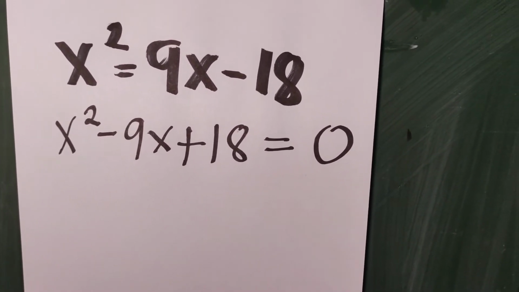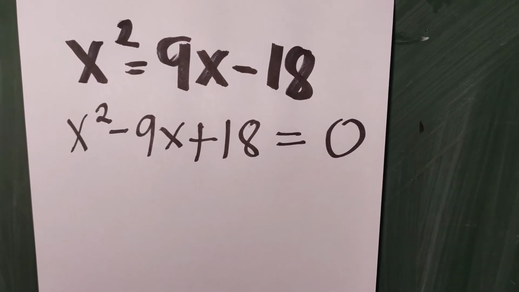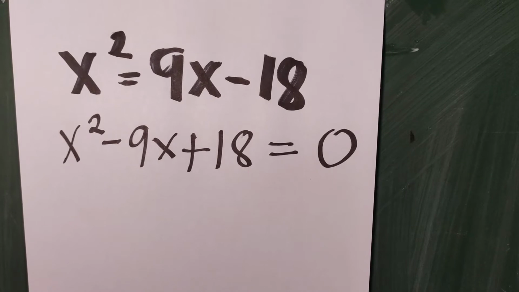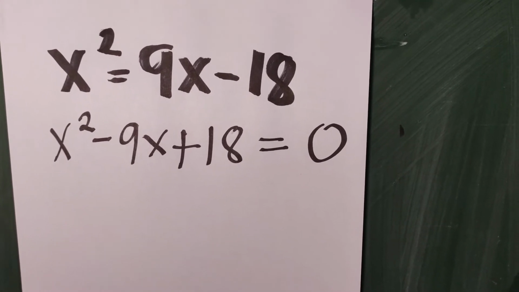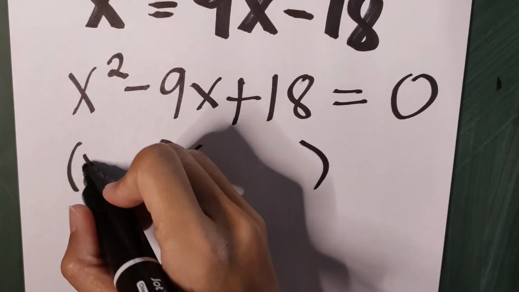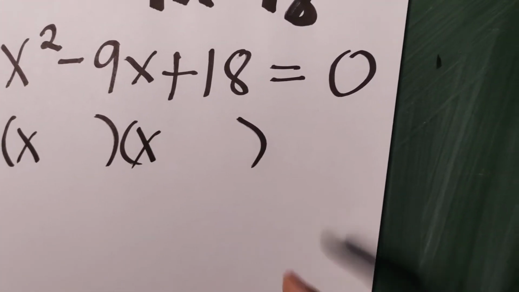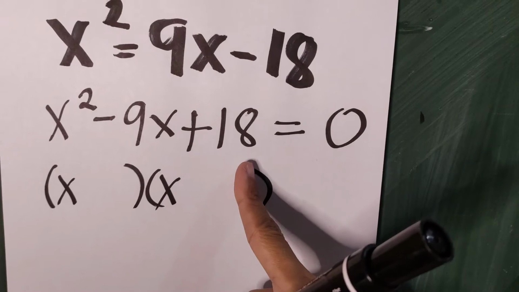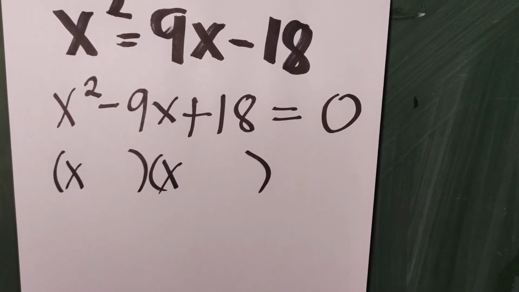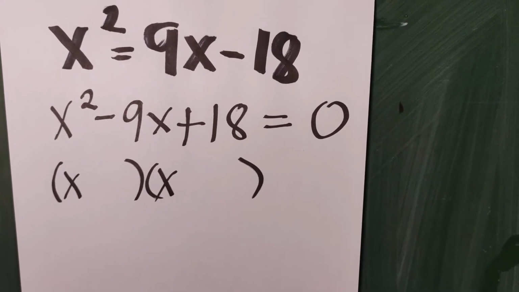We can now proceed by factoring the polynomial. So this is an example of a trinomial. The factors for x squared would be x times x. Next, let us look for the factors of 18 that when we add or subtract will give us negative 9.